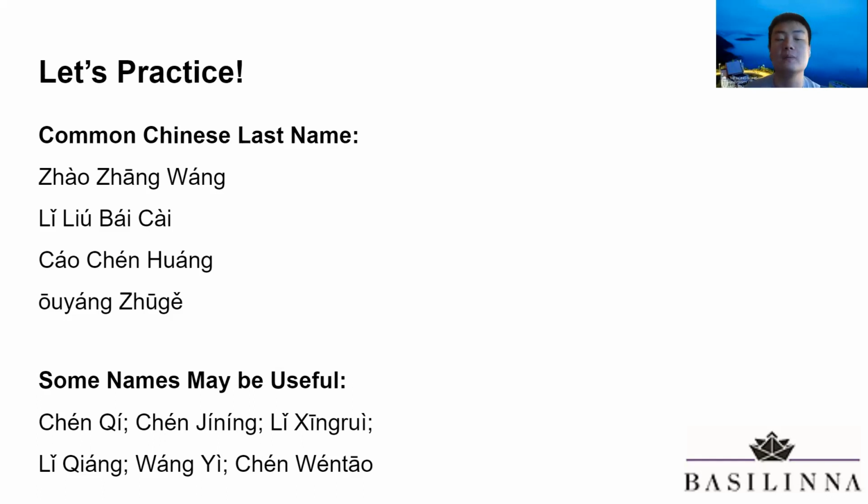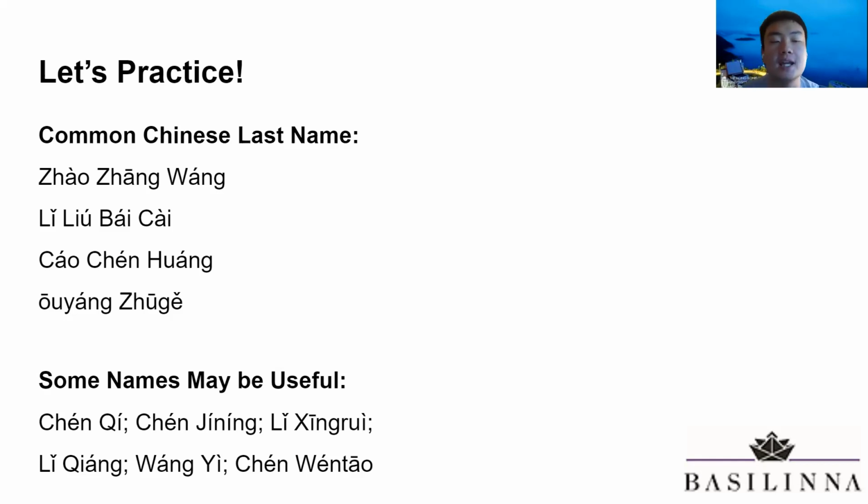Okay, and there are two common Chinese last names which have two syllables, but actually these two last names are still very rare in the Chinese language. First one, Ouyang. Next one, Zhuge.